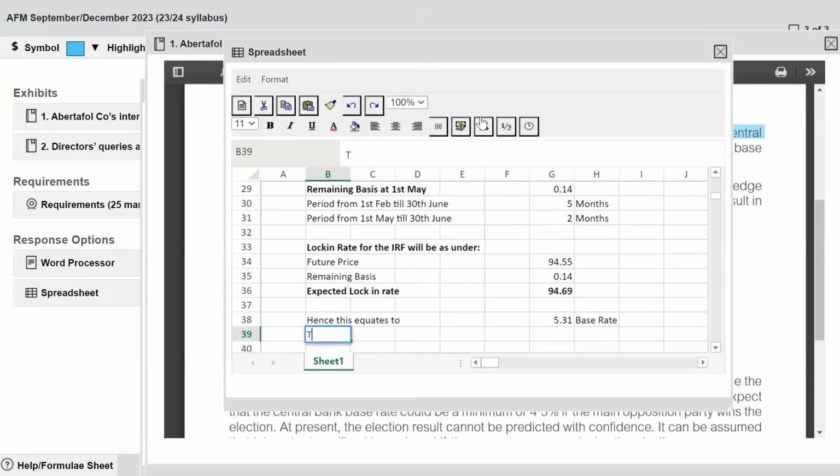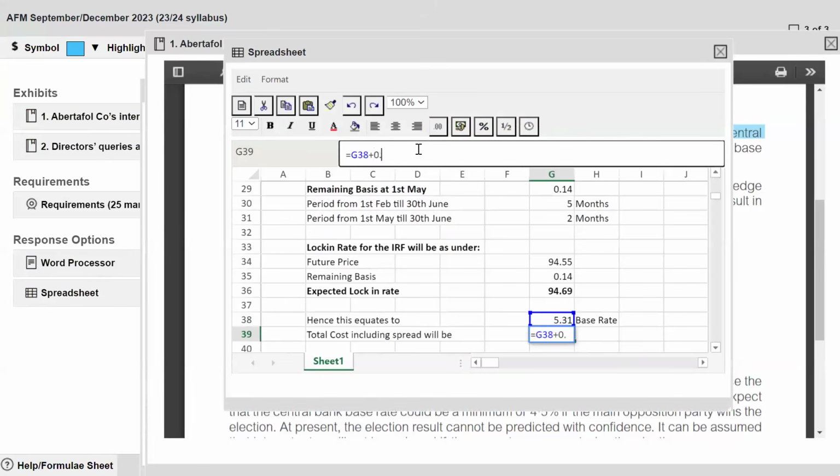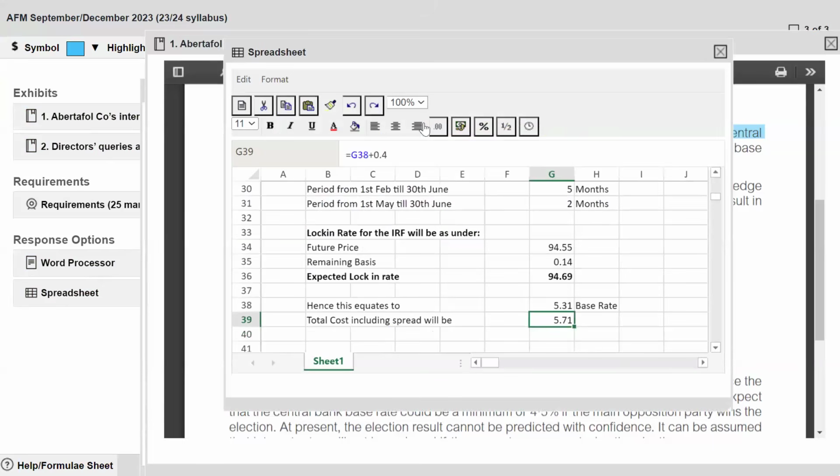So the total cost, including spread, will be 5.31 plus 40 basis points that they pay above it. So 5.71%.